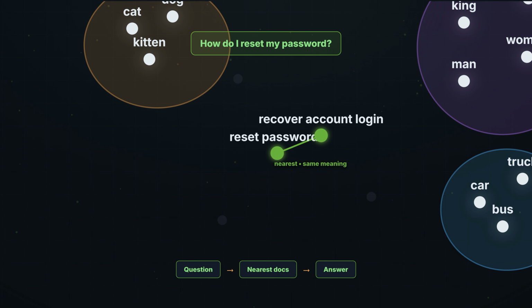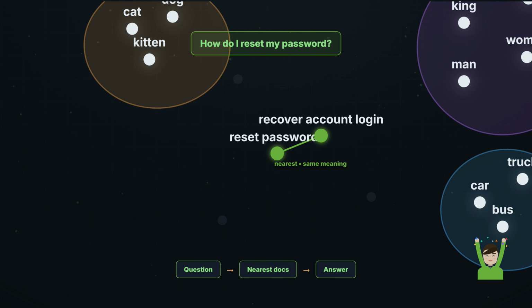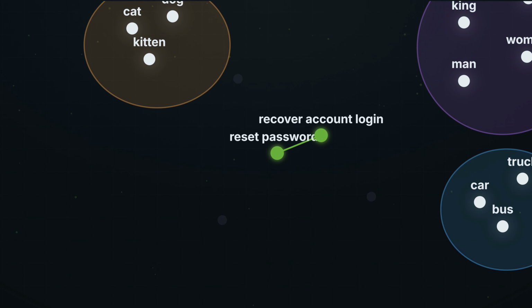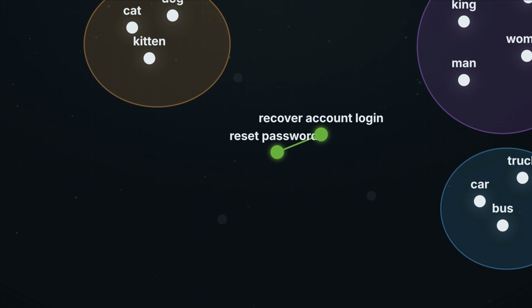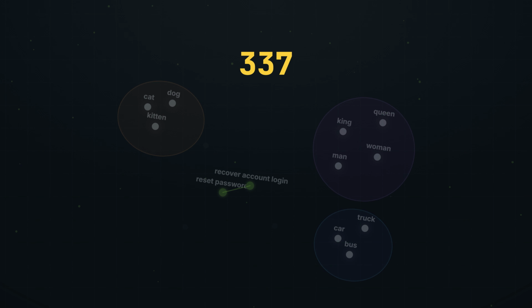Find the nearest points. And that one move is everywhere. It's how recommended for you finds similar videos. And it's how search matches what you meant, not just what you typed. And it's the engine behind RAG, feeding an AI the right documents to answer from, which is exactly where we are going next Tuesday.